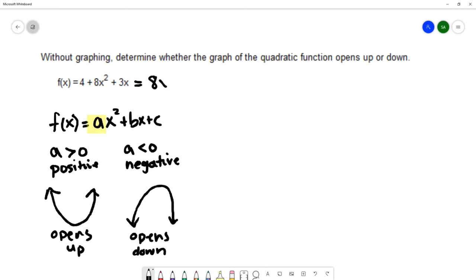That's 8x squared plus 3x plus 4. And now I can see that a is 8. A is attached to the squared term. A is 8, which is greater than 0, or a positive number, indicating that this quadratic function opens up.